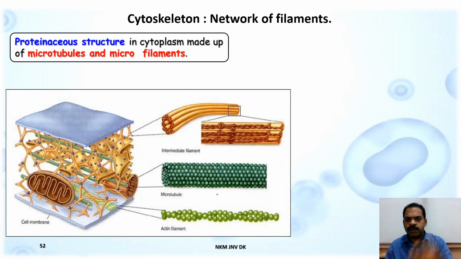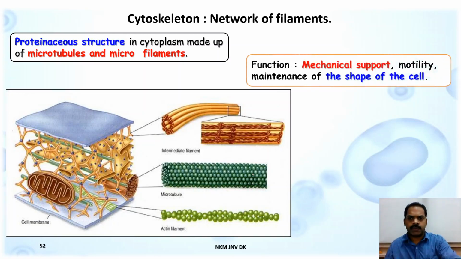These proteinaceous filaments give network-like structures which give the proper shape. The images of plants or animals are normally shown without the cytoskeleton to get a clear image of organelles. Actually the cytoskeleton is there, and the endoplasmic reticulum also contributes in its formation. The proteinaceous filaments help in maintaining shape, and also give mechanical support.